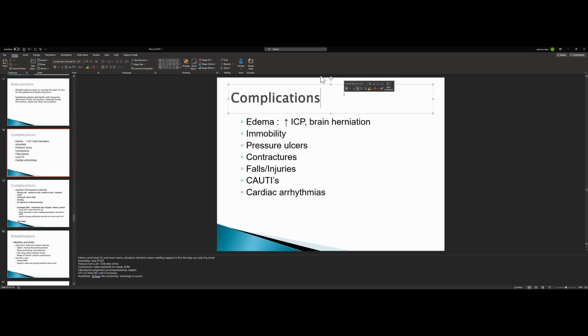You can have CAUTIs secondary to Foleys that exist, or patients who require frequent straight caths because of urinary retention. So not only do we deal with this immediate devastating event, but it can have very profound long-term implications, which can leave them requiring a high level of care.